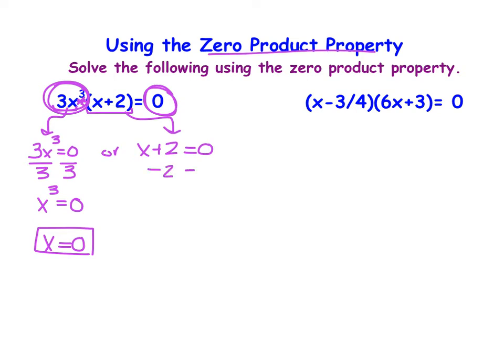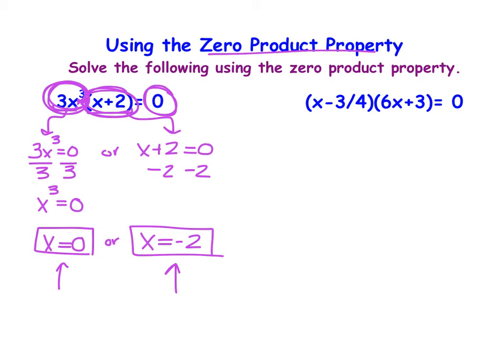The other option, if we subtract 2 from each side, is that x would equal negative 2. So here we have our two options. This first one here makes this portion equal 0. This second one here makes this portion equal 0. And if one of those two portions equals 0, then we will have an equation with a product equal to 0.